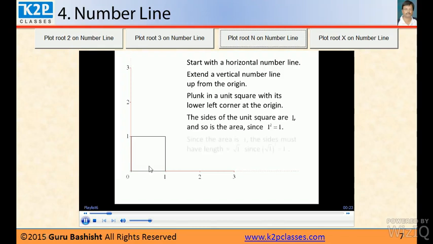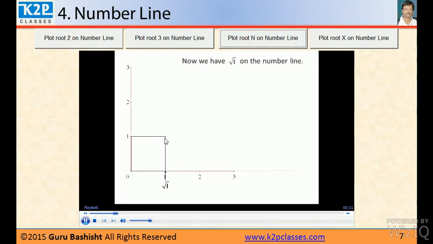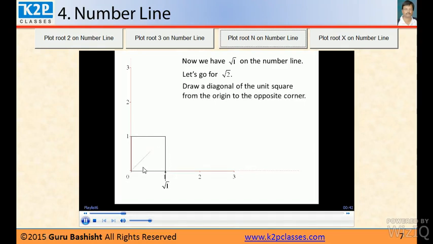So what we are doing, we have taken here 1 and on the y-axis 1. So naturally this will be root 1, right? If we draw like this, it will be root 2, because we know from the Pythagoras theorem that hypotenuse square equals height square plus base square.